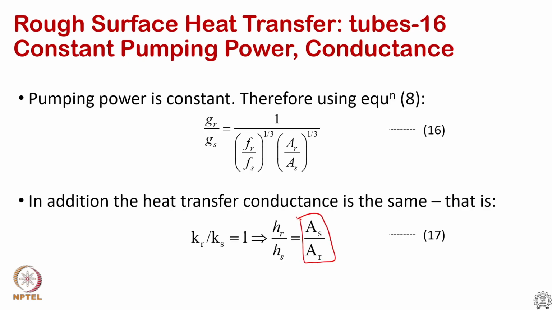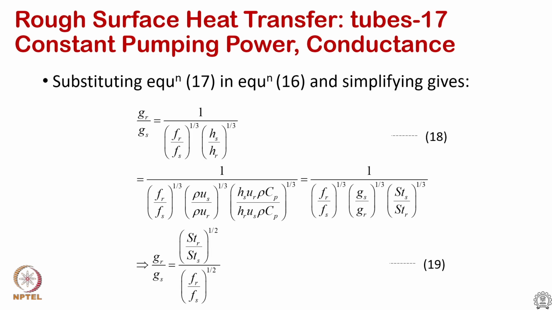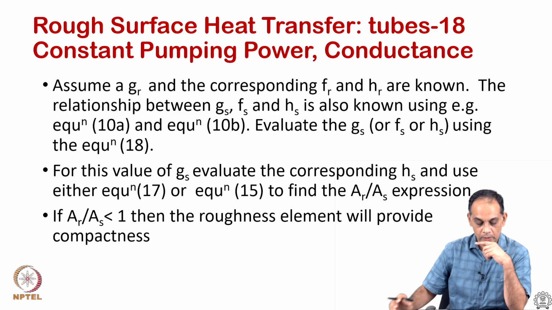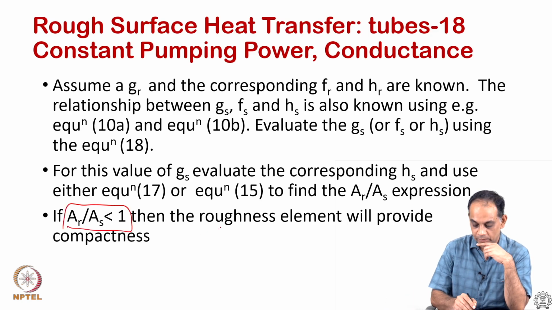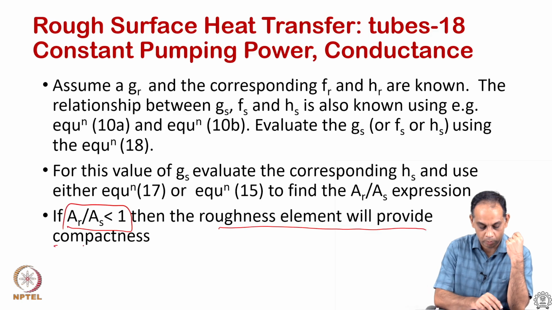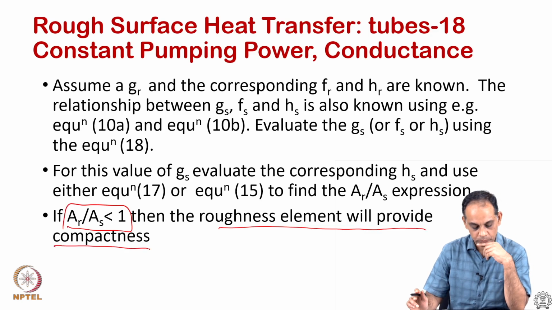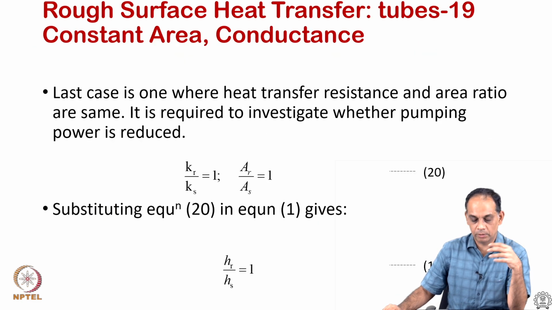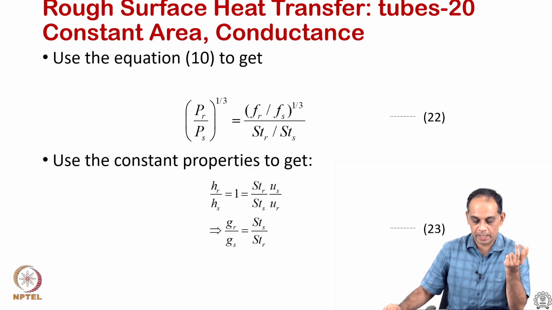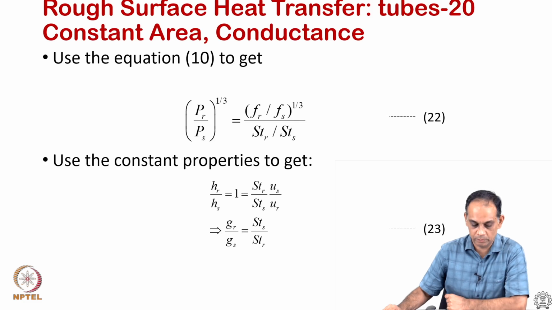The conductance is going to be only a function of surface area, and the mass flux ratio is going to be of this form. With all these three expressions, if AR by AS is less than 1, then the roughness element will provide compactness. So, I can use the same set of expressions and determine even what compactness or what difference we need.